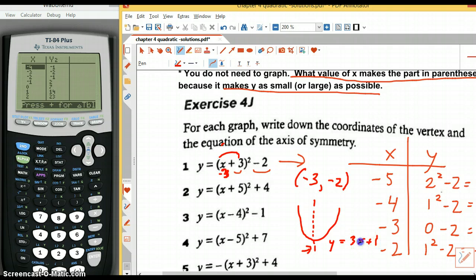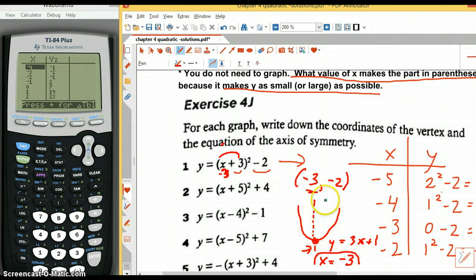That's the equation for a diagonal line. Vertical lines have a funny looking equation, x equals something, and this x is going to be negative 3, because the vertex is negative 3 comma negative 2. So the equation for the axis of symmetry is x equals negative 3, the vertical line which goes exactly through the vertex.